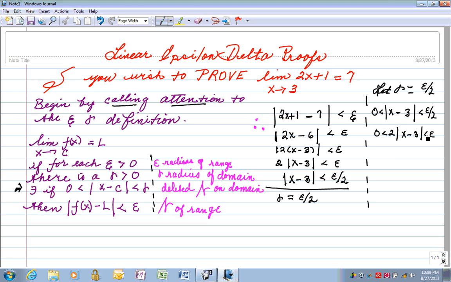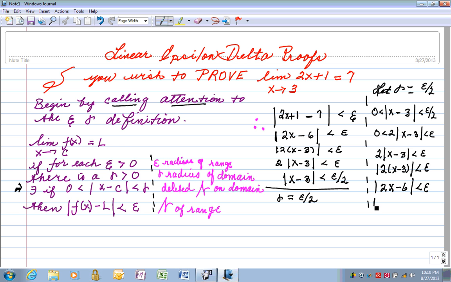Notice, spiritually, I'm retracing these steps. I'm going to drop my 0 because the world is positive. So 2 times the absolute value of x minus 3 is less than epsilon. So put the 2 in, because 2 is positive, so we're throwing it in. So the absolute value of 2x minus 6 is less than epsilon. Notice I'm right at this step.